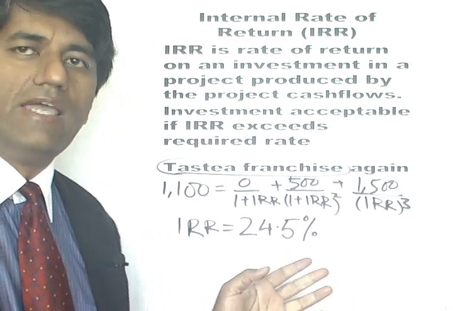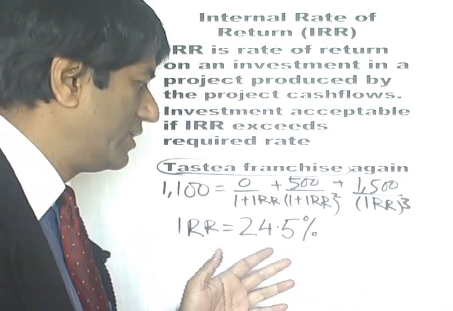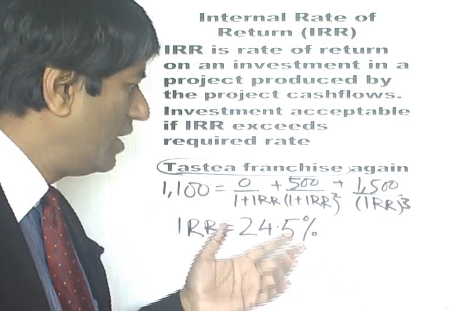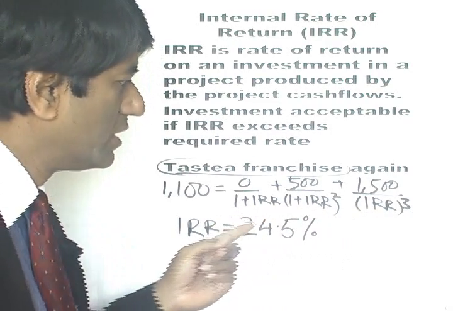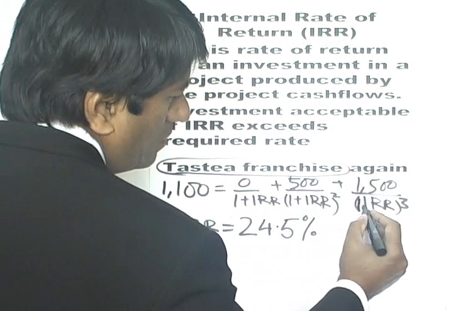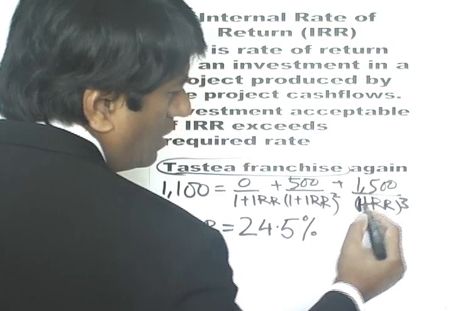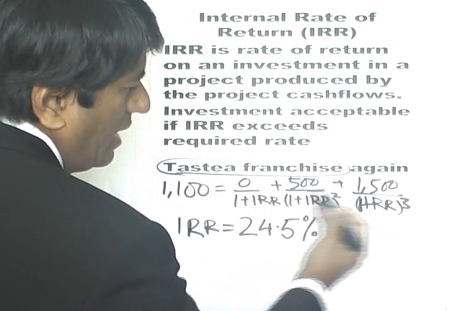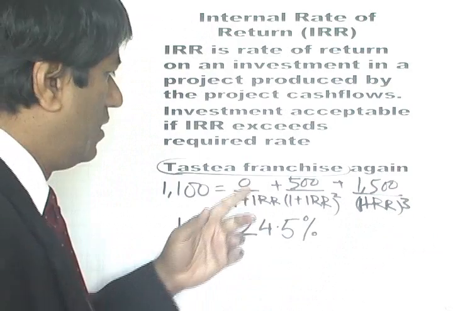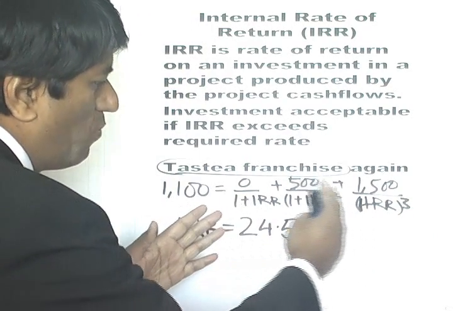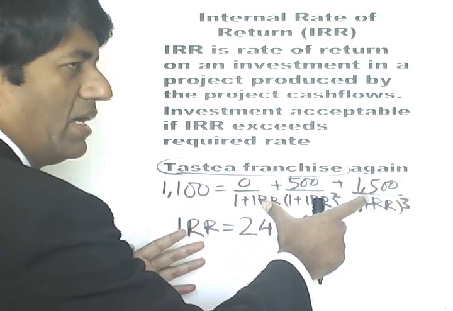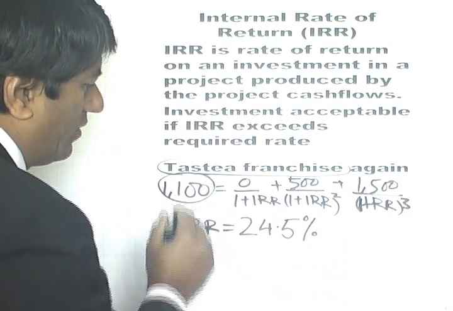If you found the NPV, let's say by saying that the required rate of return was 10%, you would have discounted these three cash flows by 10%, and you would have ended up with a number which would have been larger than 1100.